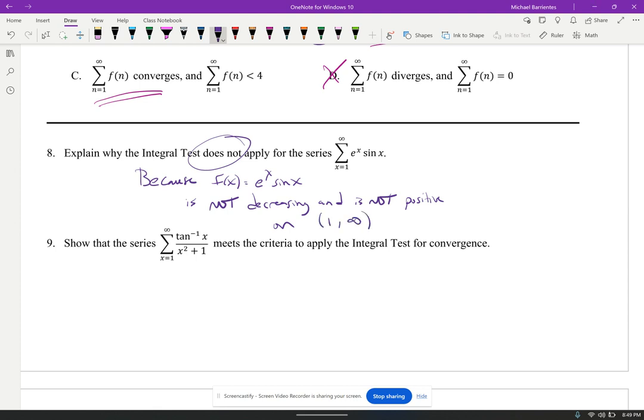Right? We saw it go up and then it went down. So it's not always decreasing. And we saw parts that were positive, but we saw parts that were negative. So it's not always positive. So both of those conditions fail, and therefore it does not apply for this. I cannot use the integral test for this infinite series.